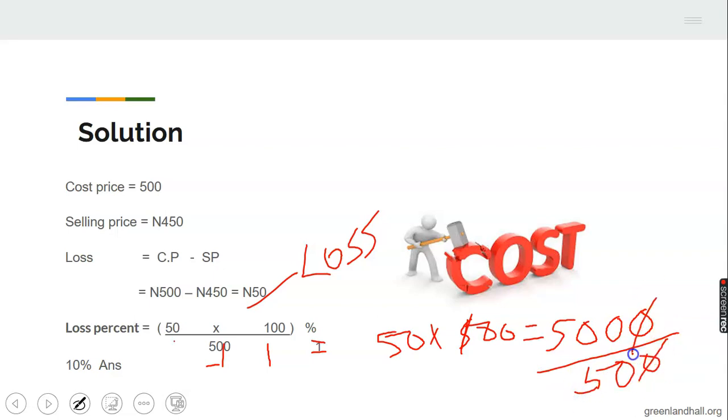So 0 cancels 0, 0 cancels 0. 5 here, 5 in 50, 10. So your answer is what? 10. And I told you the answer will come in percentage. So your answer is 10%. Okay. I hope you got it to that extent.